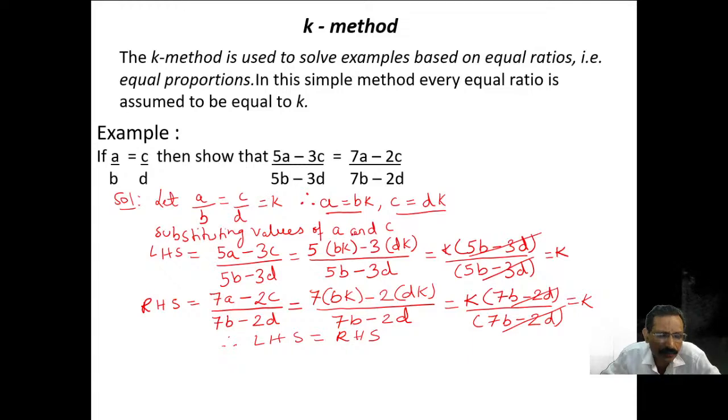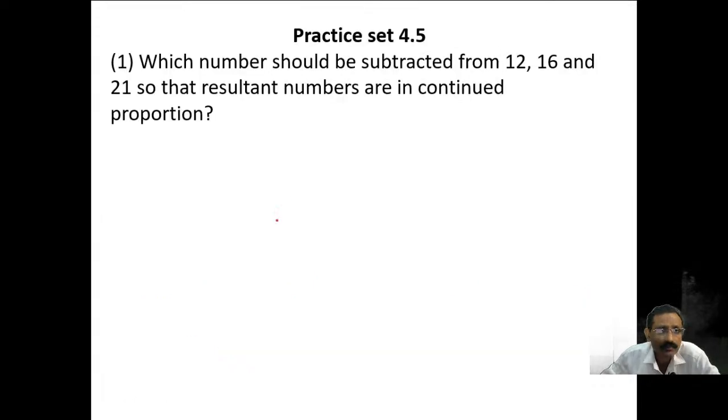Let us solve a few sums based on our exercise. Practice set 4.5. Which number should be subtracted from 12, 16 and 21 so that the resultant numbers are in continued proportion? Now we have already stated an example.